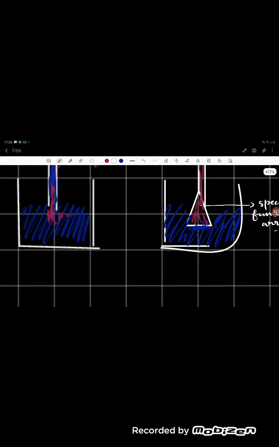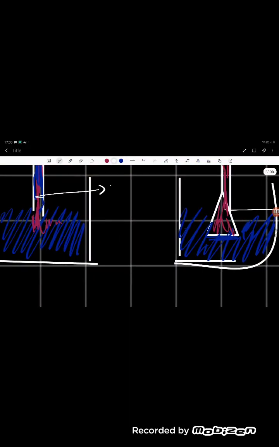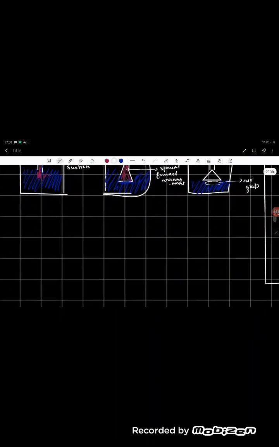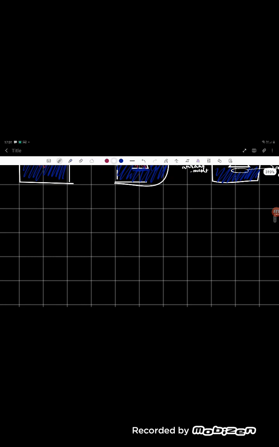So in this case back suction happens, whereas in the other two cases it doesn't. Once that is done, that's how you create hydrochloric acid.